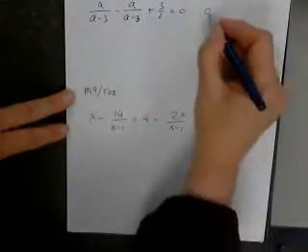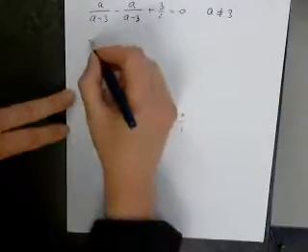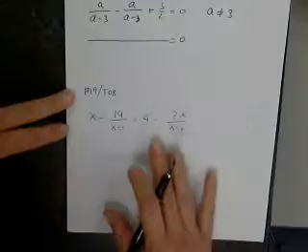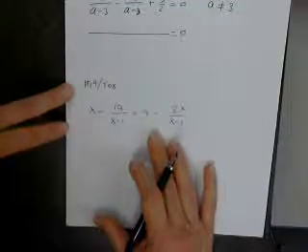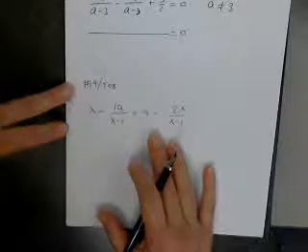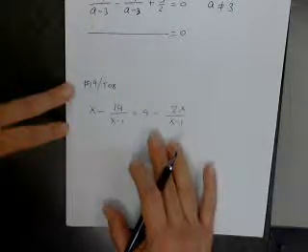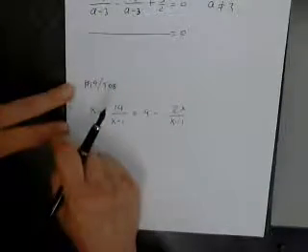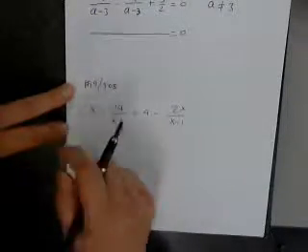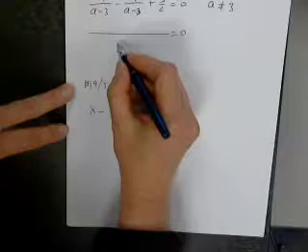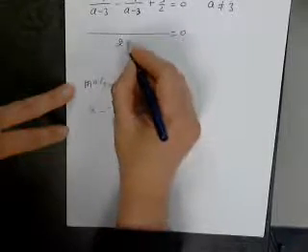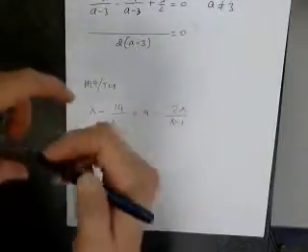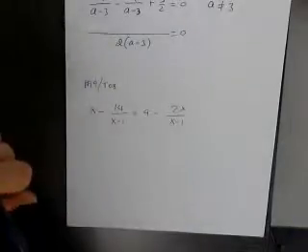Restriction? Yes. 3. Good. LCD? I would say with the A minus 3. I see 3 fractions. I see 2 different denominators. Good. Adjustments?